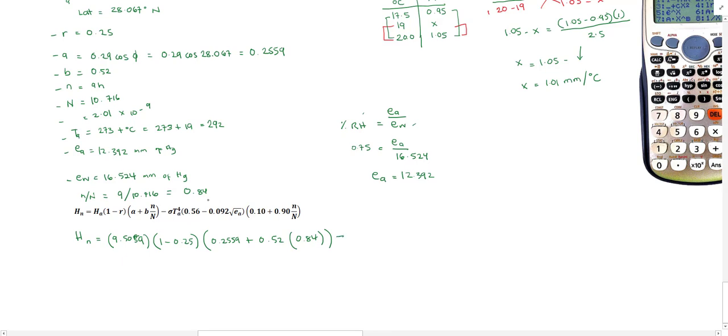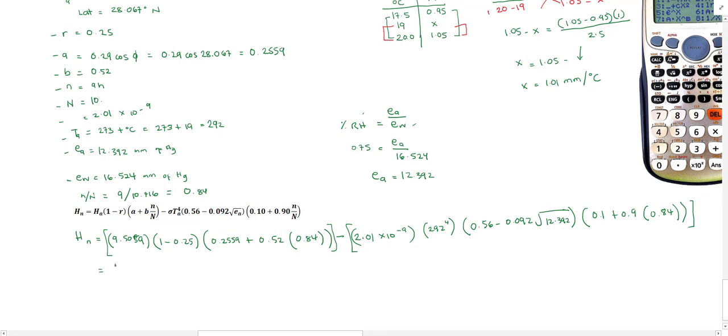and then minus Stefan Boltzmann is 2.01 times 10 negative 9, and then multiplied by TA, which is 292 to the power of 4, and then 0.56 minus 0.092 square root of 12.392, and then times 0.1 plus 0.9 times 0.84.